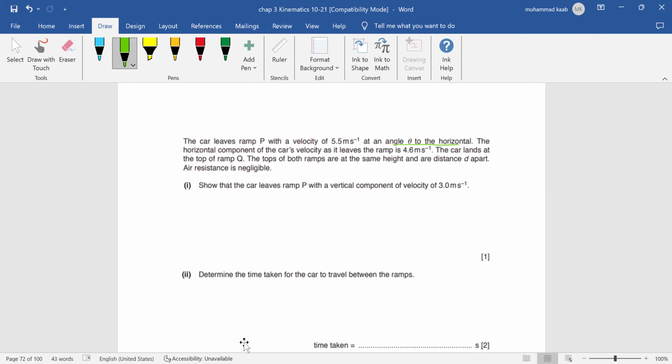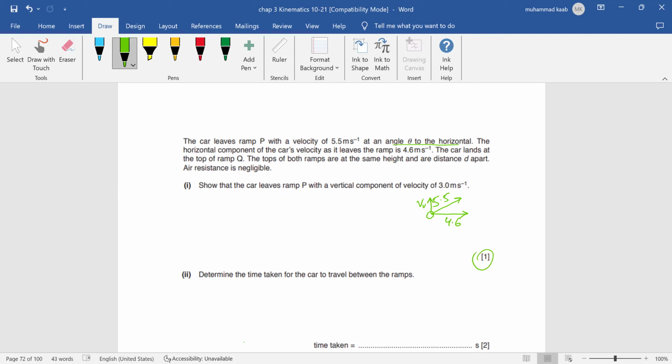Okay, fine. So here is your car and this is your resultant velocity, and this is the horizontal component 4.6, and they're asking for the vertical component. What will you do? This should be a very easy question.